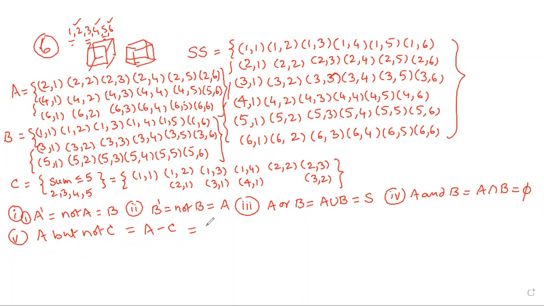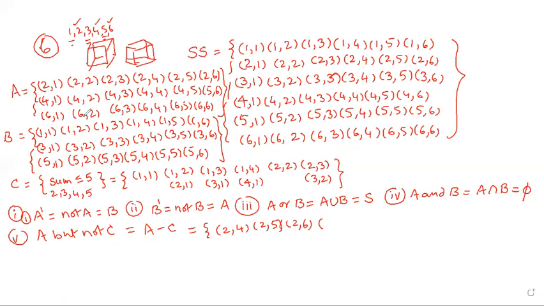What is the remaining? (2,1) cancel, (2,2) cancel, (2,3) cancel, and next (2,4) is remaining, (2,5) and (2,6). Okay? Right.